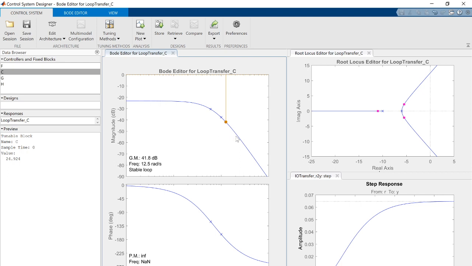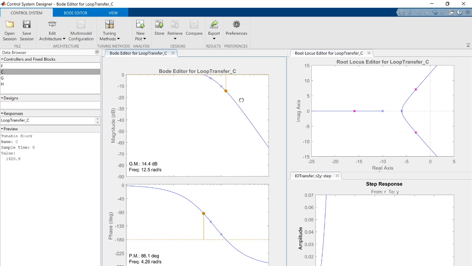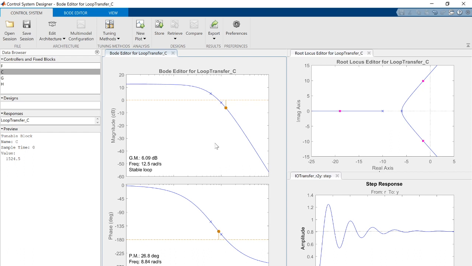So let's see if we can shift this up just a little bit more. Okay, let's go there. Let this settle out, and now we see from our root locus we've moved the closed loop poles out quite a bit.